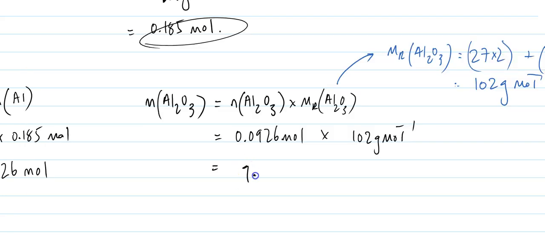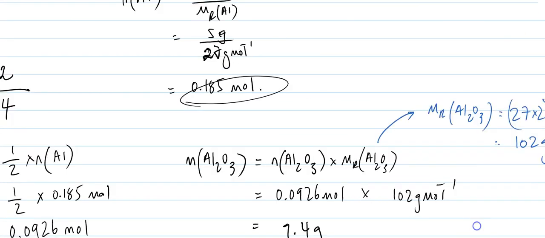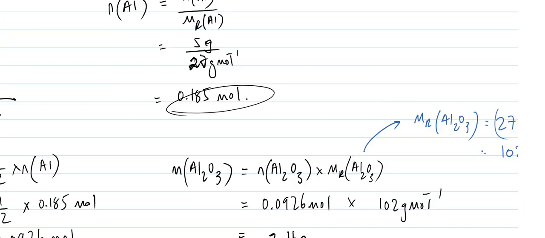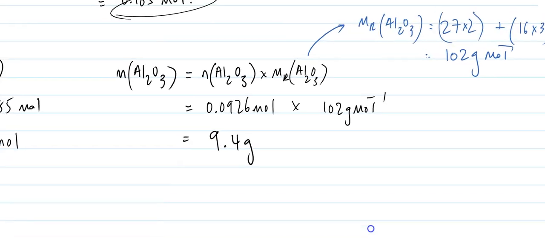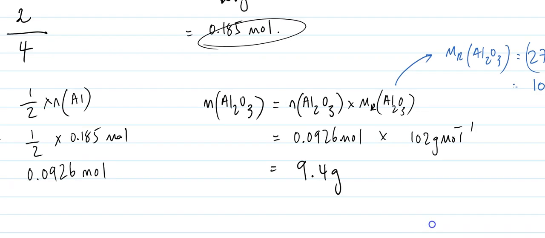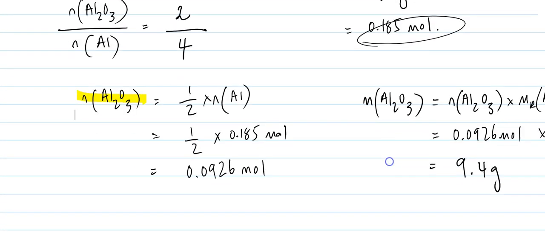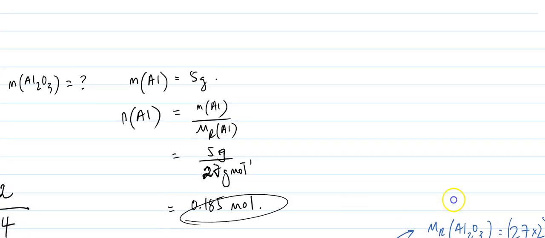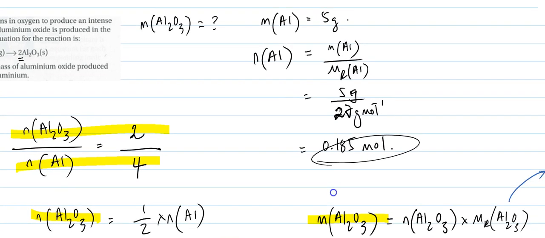So 9.4 grams of aluminium oxide. 2 significant figures, okay? Because we only have here 2 significant figures. So 9.4 grams. Again, key things: showing what you're calculating for, including units, and setting up these molar ratios very carefully.